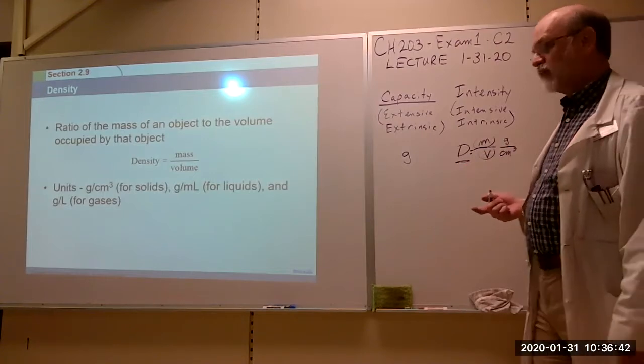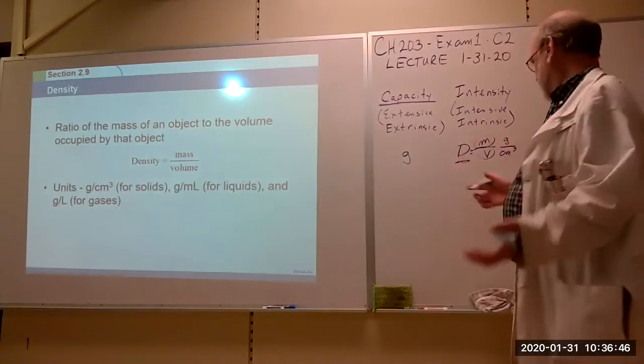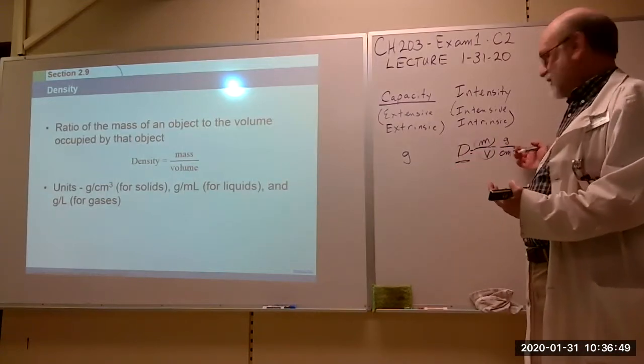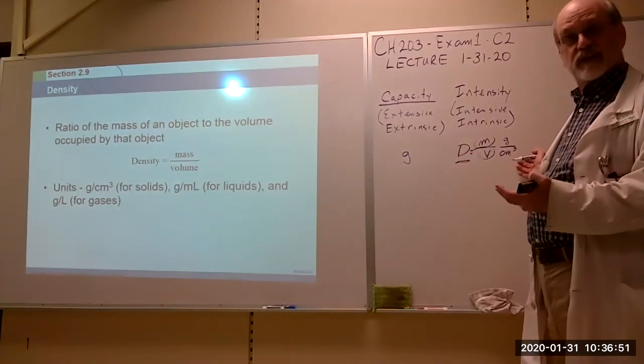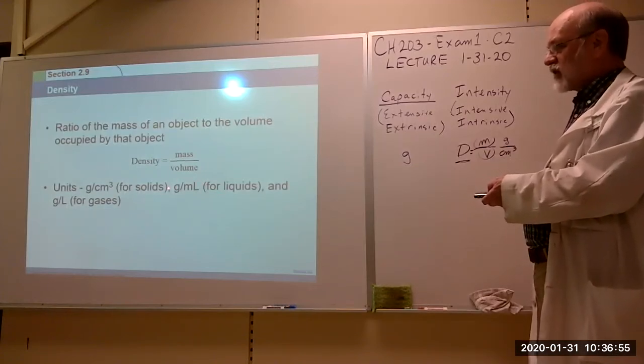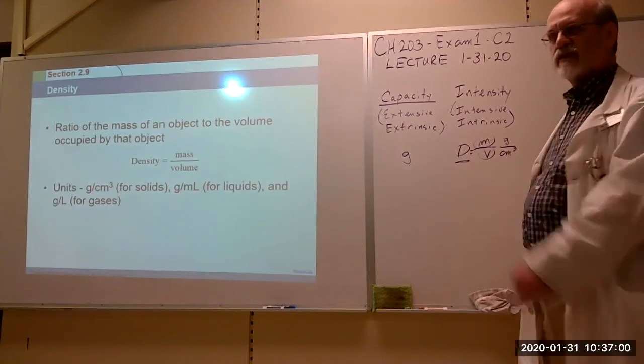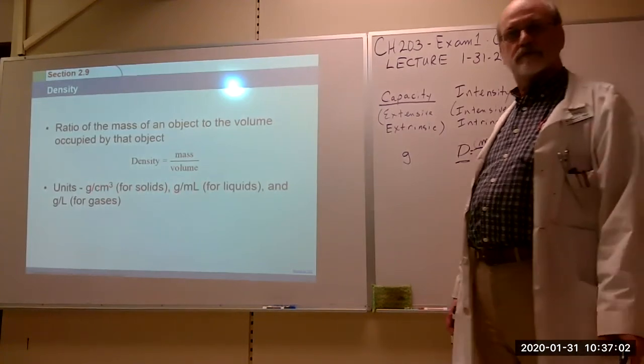If it's a liquid, it'll be grams per milliliter. Grams didn't change, and a cubic centimeter is equal to a milliliter. So if your calculation comes out as grams per milliliter but it's a solid, you just change the milliliters to cubic centimeters, and you're good to go.